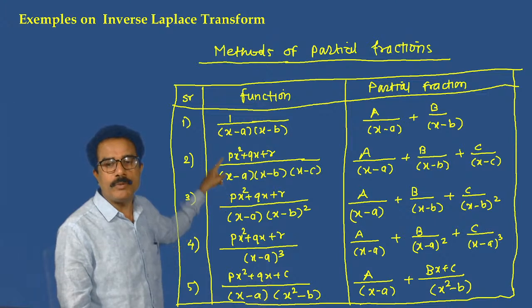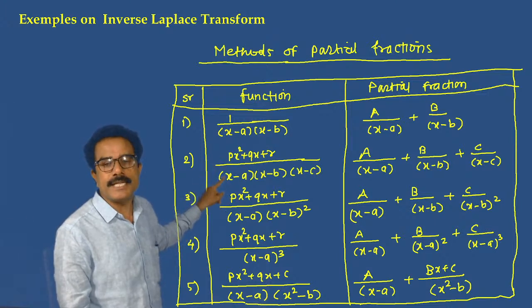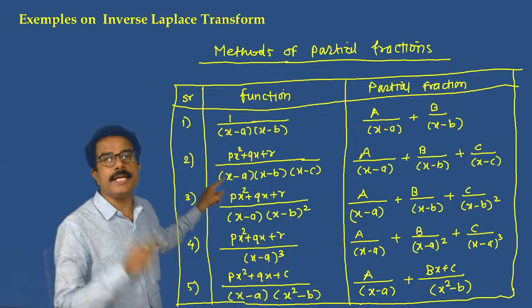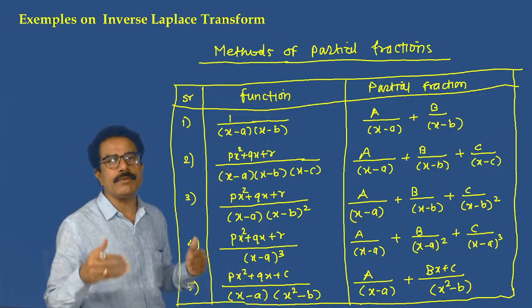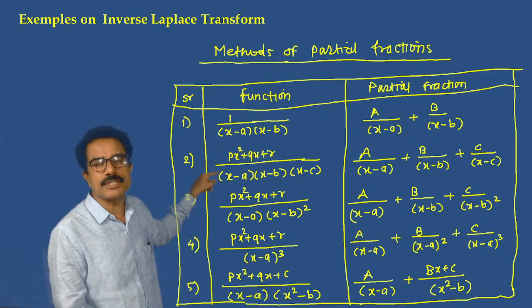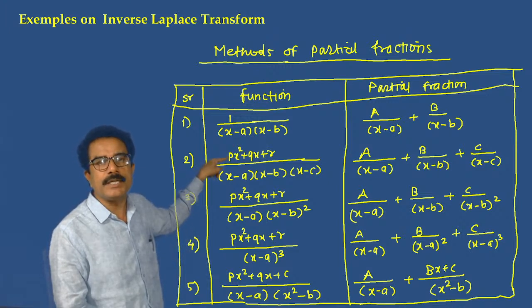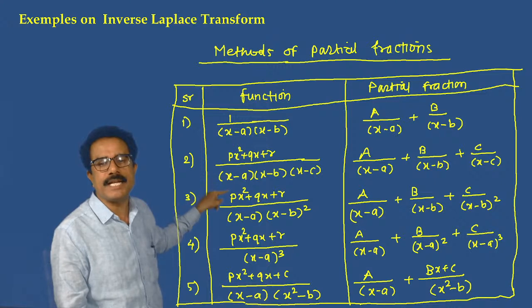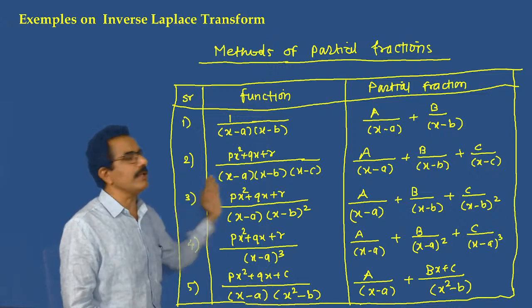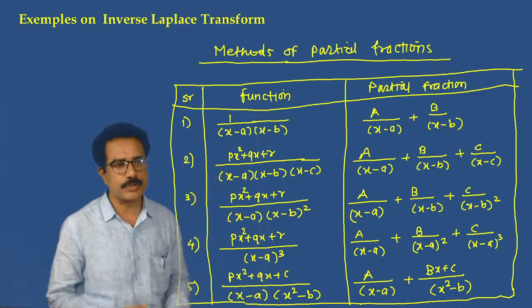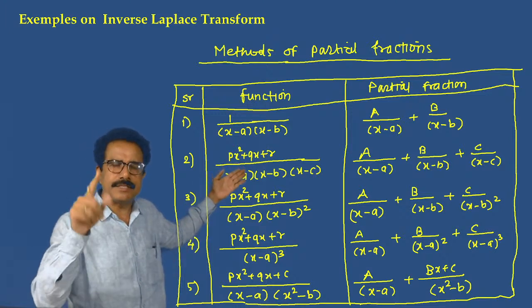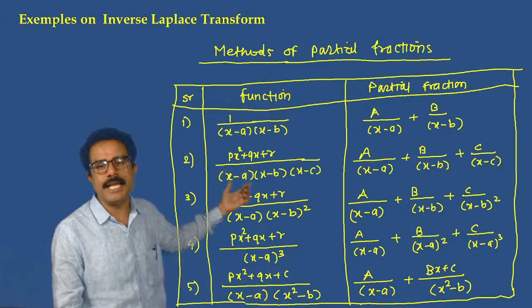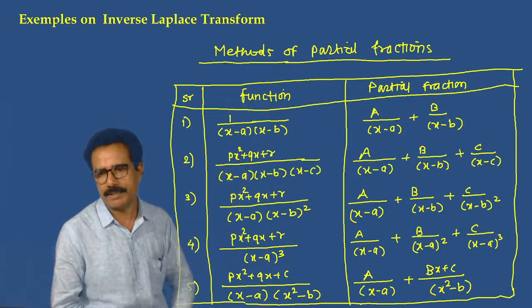If the degree of numerator is greater than the degree of denominator, then first of all we have to divide, and after division we have to convert the function in such a way that the degree of numerator is less than the degree of denominator, and then we can use the partial fraction. So the numerator may be whatever, but it is essential that its degree must be less than the denominator, then we can use the partial fraction.